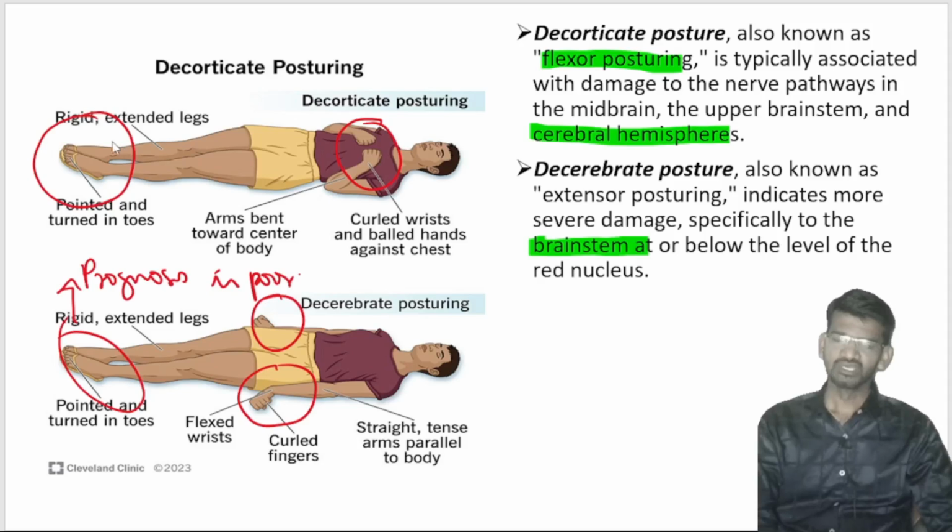So you may get an image based question on this, identify the position in the image, or you may get a question if the patient has a decorticate position, what is its interpretation, or what part of the brain has the injury. So you can identify it with the postures.